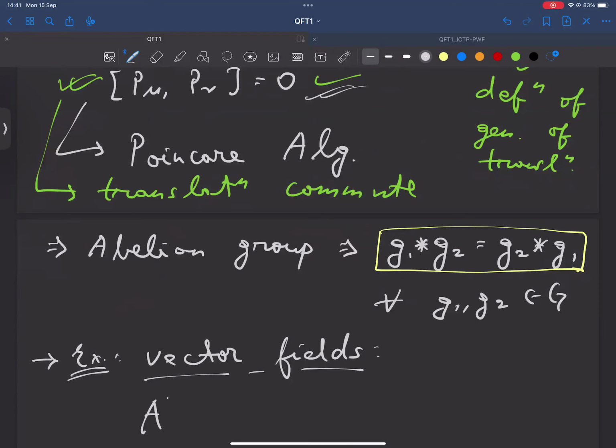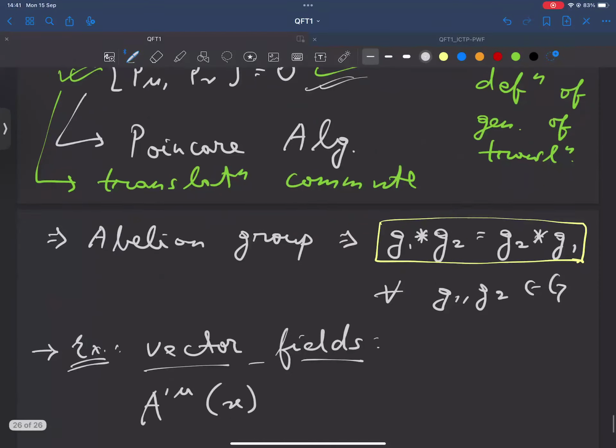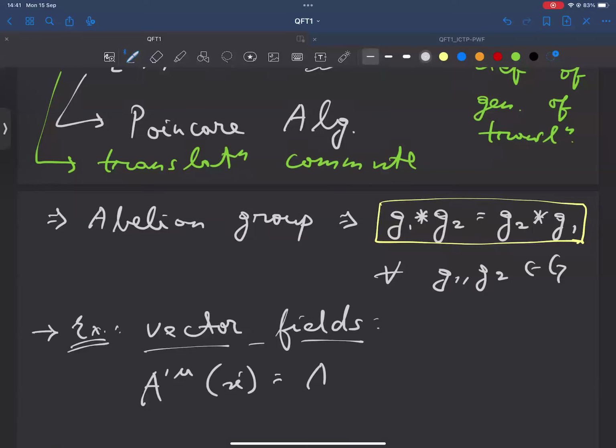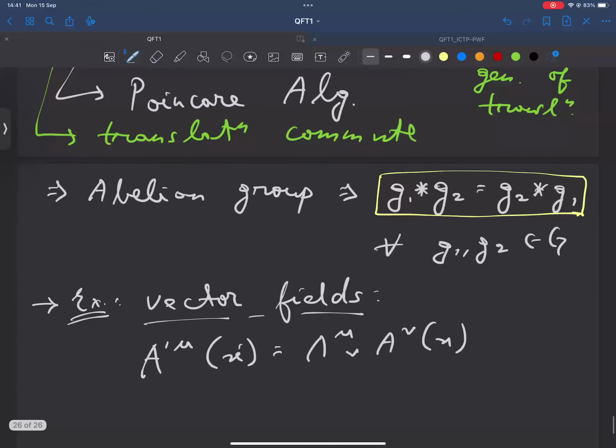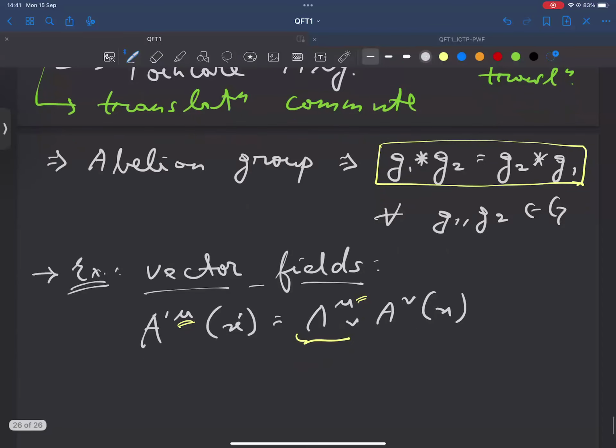So a vector field will be this. Okay. So the vector index just translates normally using the Lorentz matrix, just like it should, like a 4 vector. But this x prime translates in this way, or in other words, you can say that for a vector field, you will have something like this.